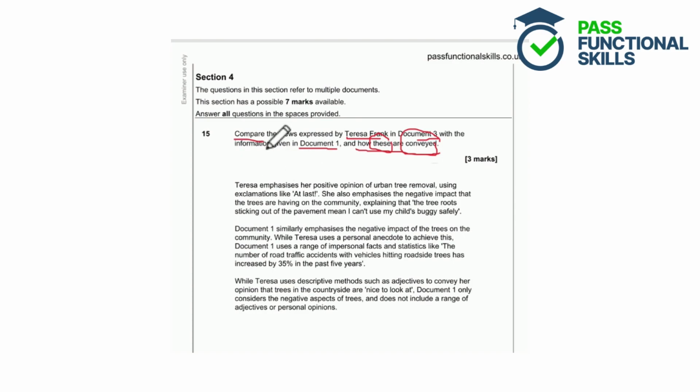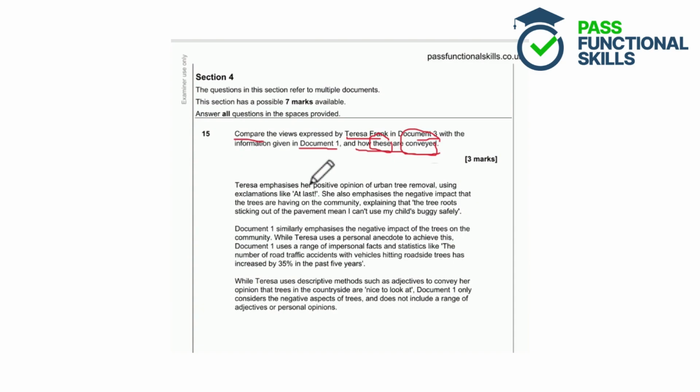So the student here has written, Teresa emphasises her positive opinion of urban tree removal using exclamations like at last. She also emphasises the negative impact that the trees are having on the community, explaining that the tree roots sticking out of the pavement mean I can't use my child's buggy safely.